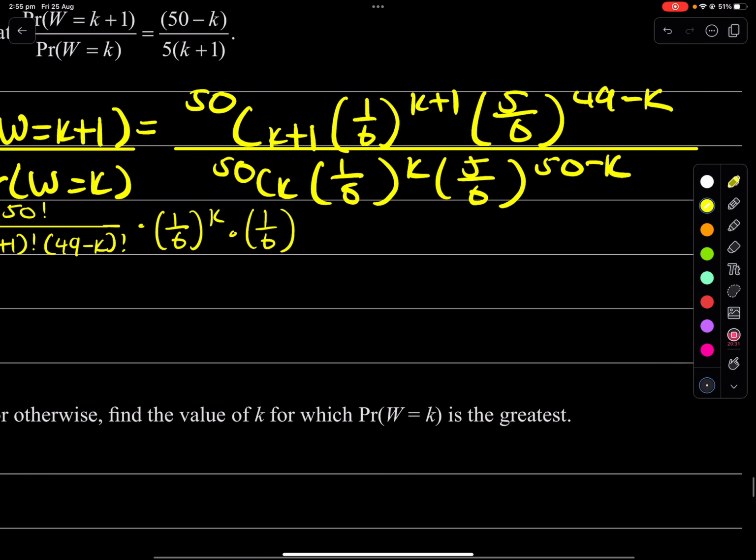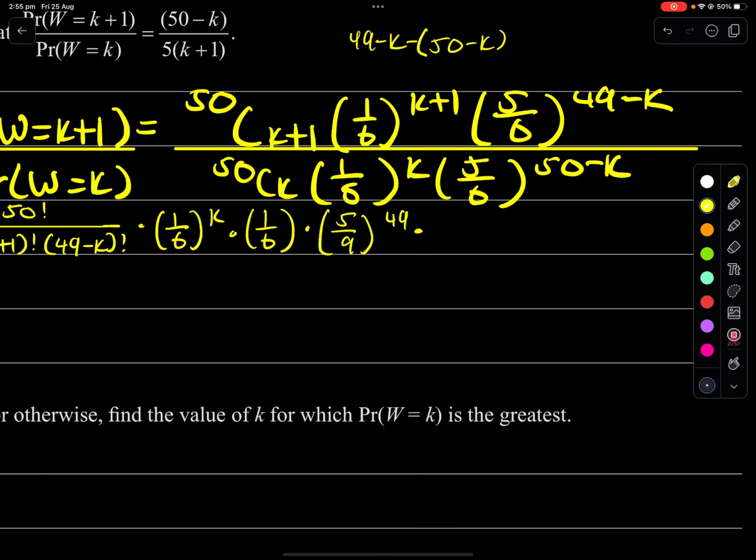Next one is, yeah, even this one. We can simplify that to 49 times, no, we don't have to do that for this one, no. Because they have the same base, so we can say 49 minus k minus 50 minus k. So 49 minus k minus 50 plus k.